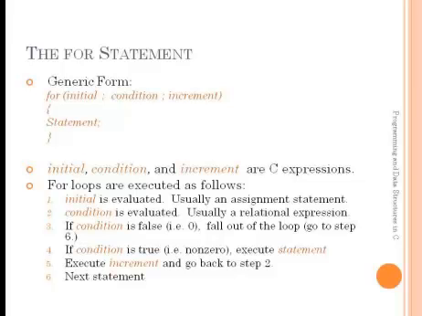After evaluating this, it will check this condition. And again, if this condition is true, it evaluates all statements in the for loop. This process is repeated until this condition fails. If this condition fails, the control will jump to the next statements which follow the for loop.